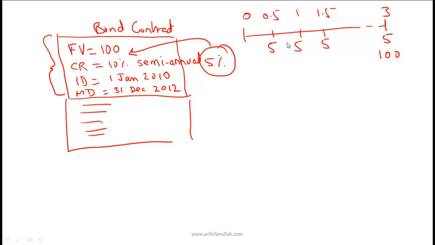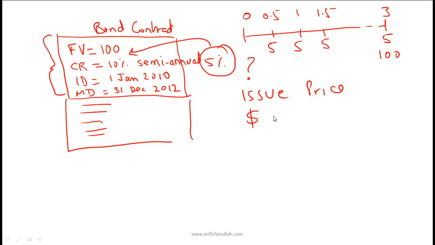As I said before, this information defines the cash flow that the company is promising. Now, what is the issue price? Issue price refers to how much money the company raises, or how much money investors give the company when they issue this bond.